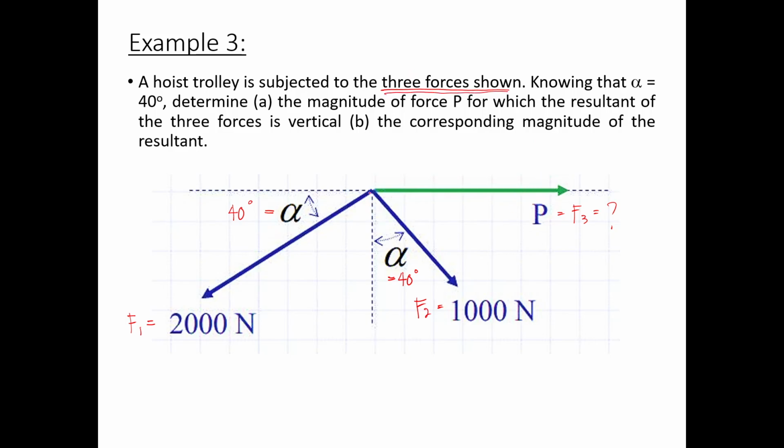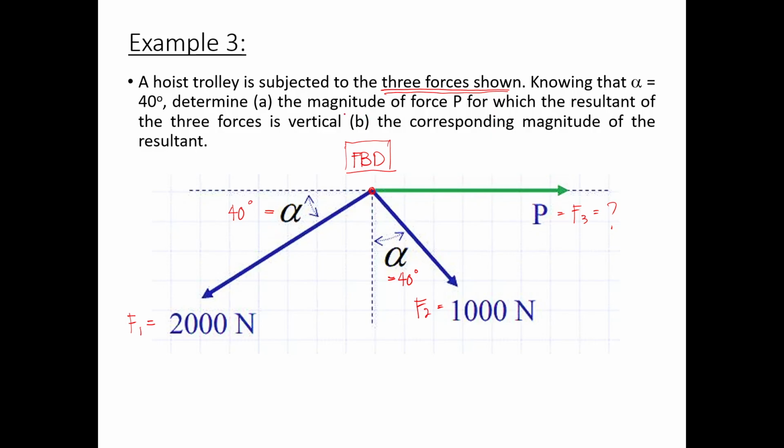So of course, what you see here is an FBD, or a free body diagram, of the hoist trolley. You may not see a hoist trolley in the figure, but what you see here is the free body diagram of the forces in the hoist trolley.